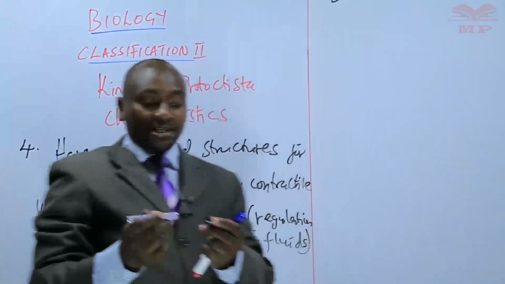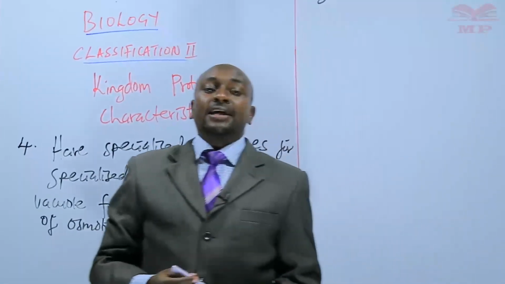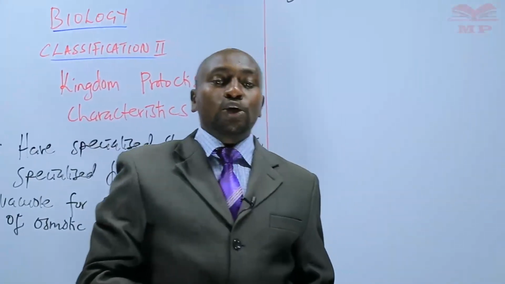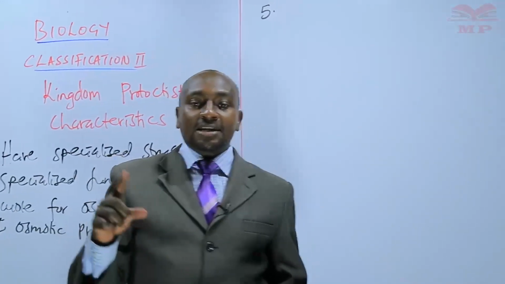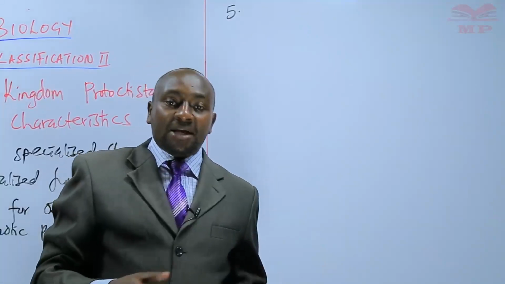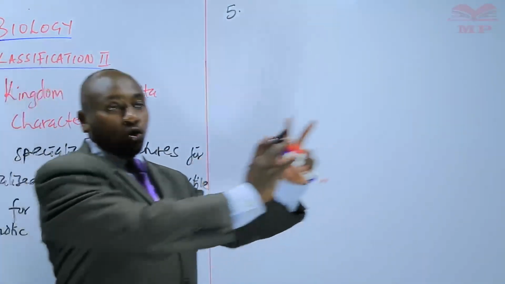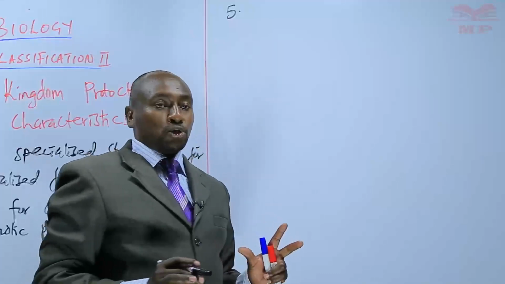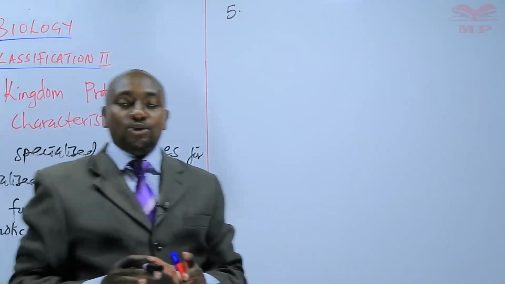Another characteristic of kingdom Protoctista is that they have what we call locomotory structures, structures that are used for locomotion. And there are many. For example, the amoeba has its own structure for locomotion. Euglena has its own.